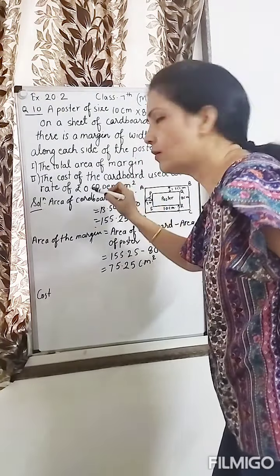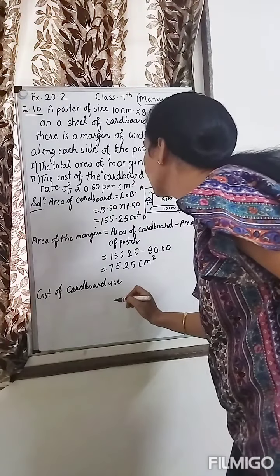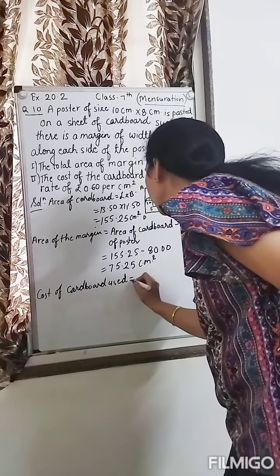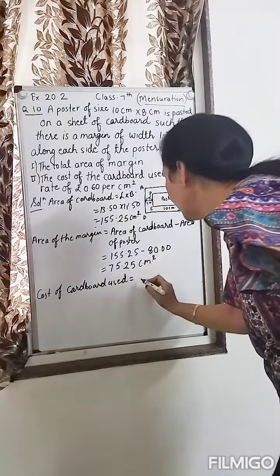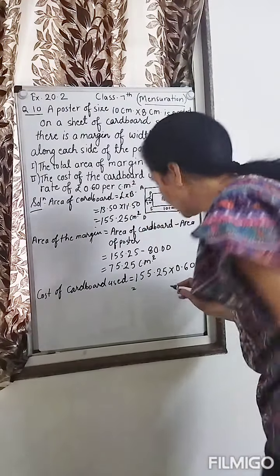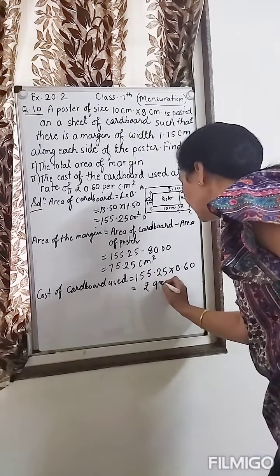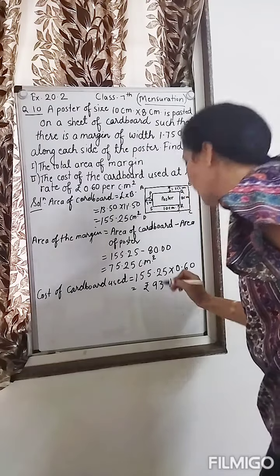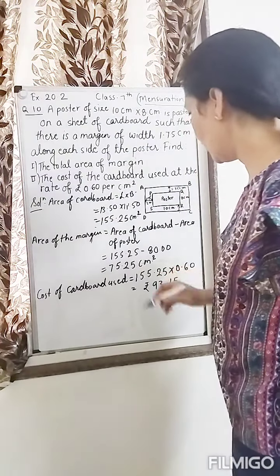So cost of cardboard used will be the total area of the cardboard, which is 155.25, multiplied by the cost per centimeter square. So when you multiply this, you will get the answer as 93.15. Okay. So I hope this is clear, guys.